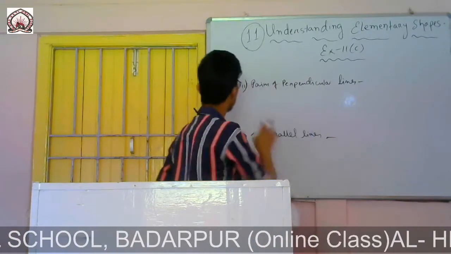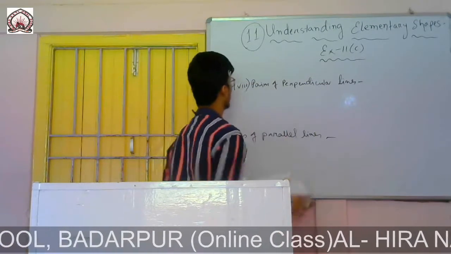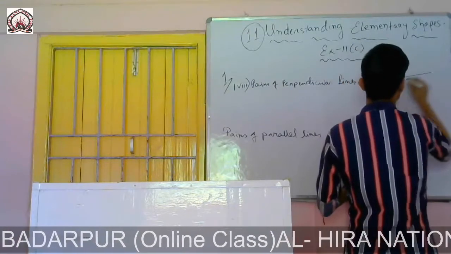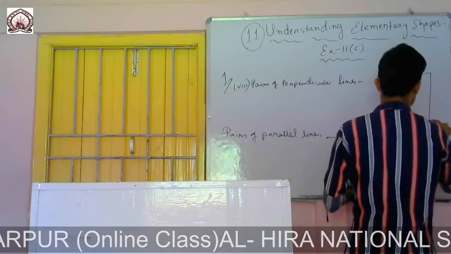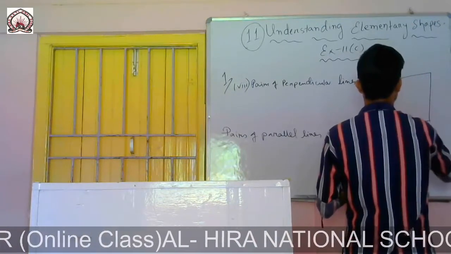Roman number 8, not 7. So the diagram is given like this, but there are two perpendicular lines.